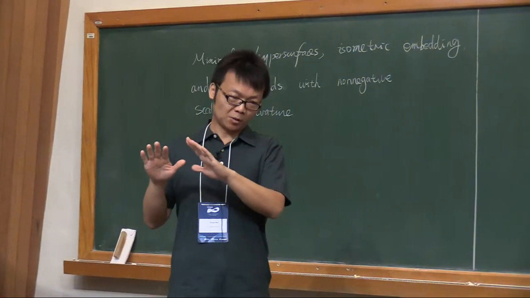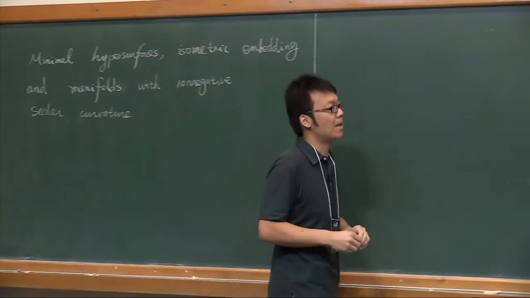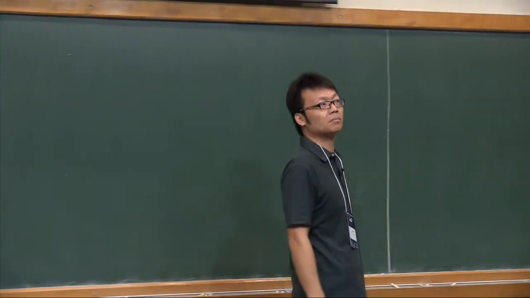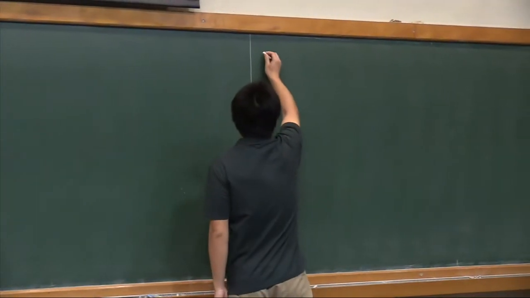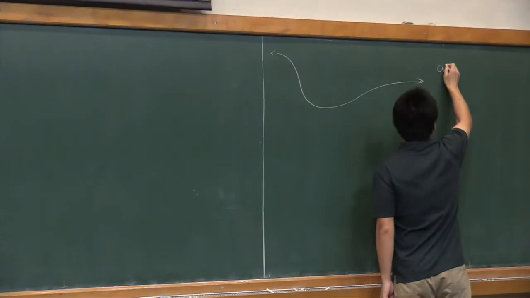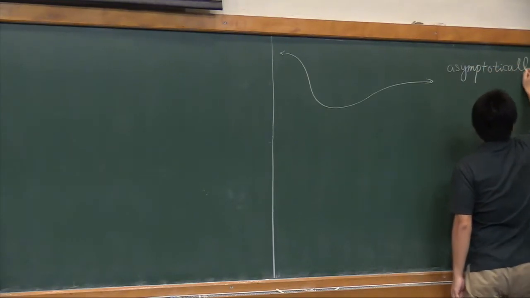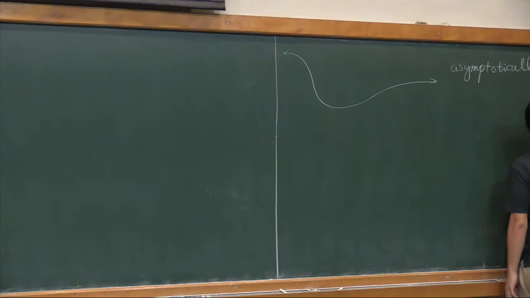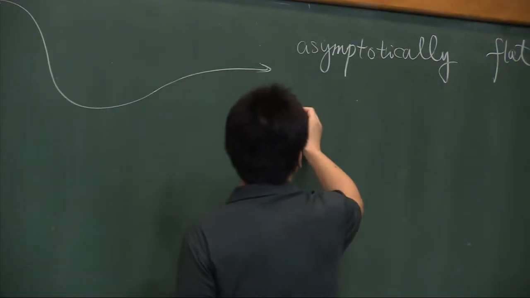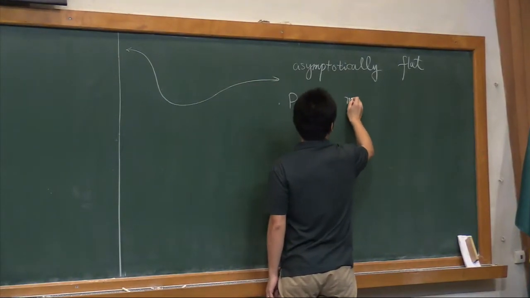And when the manifold is non-compact, say if the manifold is asymptotically flat, one has the famous positive mass theorem. So in this case, one has the Riemannian positive mass theorem.